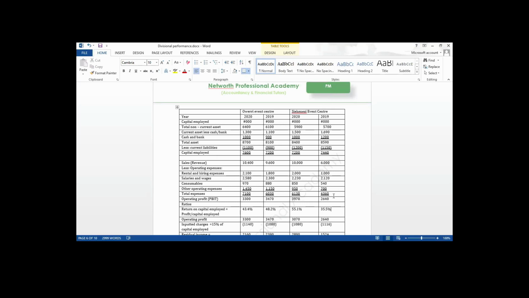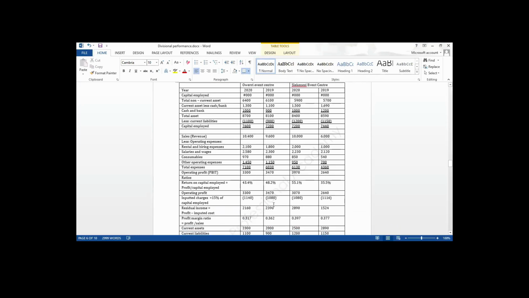We can go to it now. Pick the figure. Operating profit, just copy it from here: 3,300, 4,000, 4,750, 7,447, 3,970, 2,640.